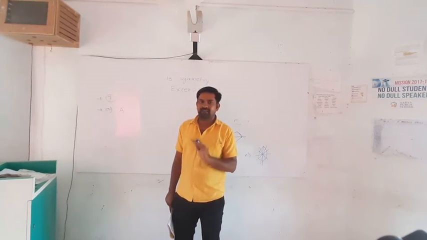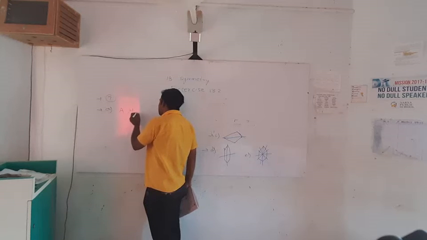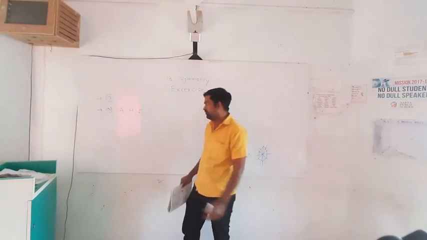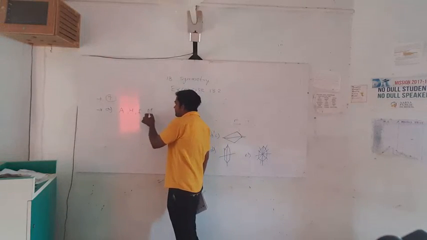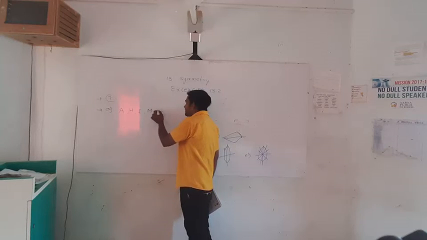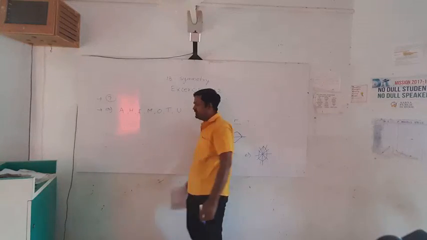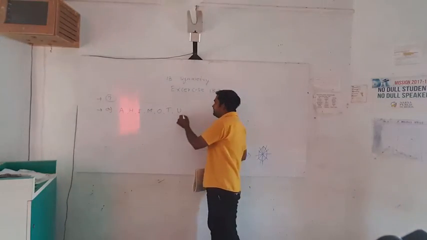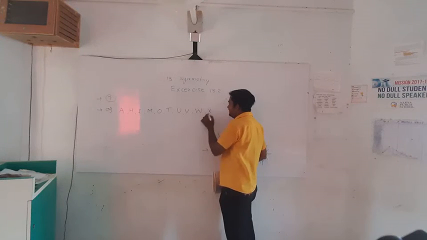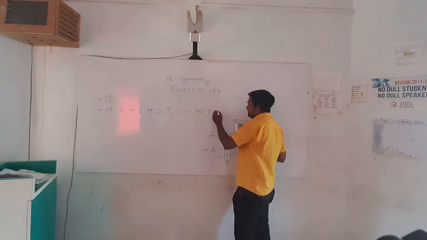E not, F not, G not, H, I, J not, K not, L not, M also has a vertical line of symmetry, N not, yes, then O coming, then T coming, yes, T, U is also a vertical line of symmetry, yes, V, W and X, yes, Y is also a vertical line of symmetry.